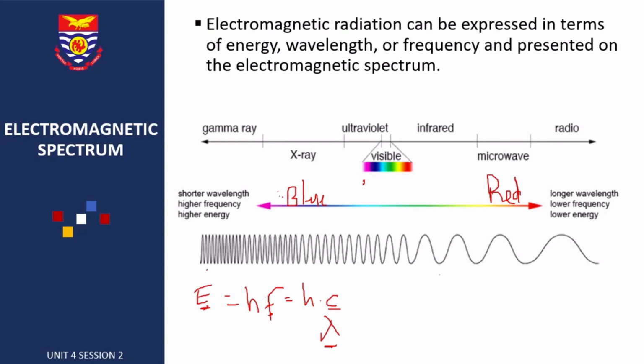But when you look at the red here, we have a very long wavelength but it has a very low energy or low frequency. You should be able to explain this and also be able to compare using frequency, energy, and wavelength.